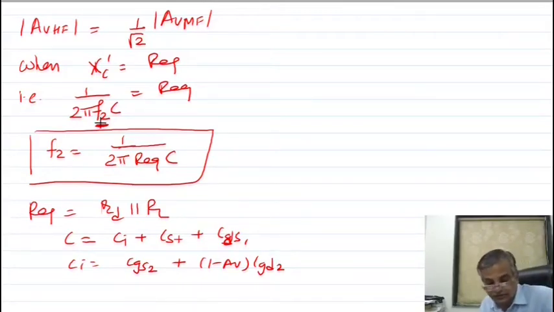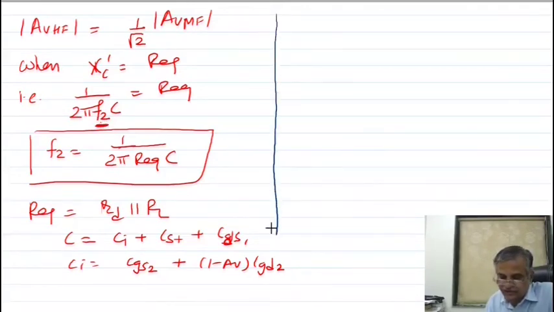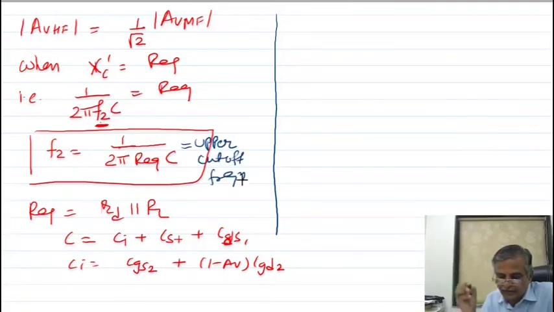What is Ci? So this is the frequency at which the gain of the amplifier will become 1 by root 2 times the gain of the amplifier at mid frequency. Then f2 is called the upper cutoff frequency.